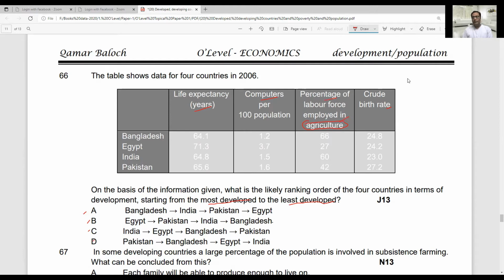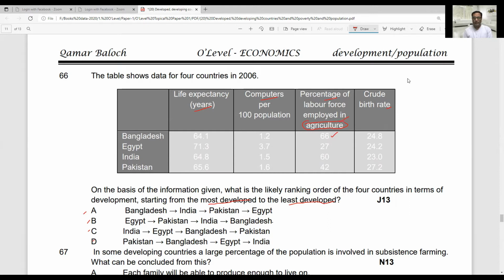The feature of developing nations is that they rely more on the agriculture sector. So out of these 4 countries, we can see that Bangladesh has more reliance on the agriculture sector. So it is the least developed country, right?